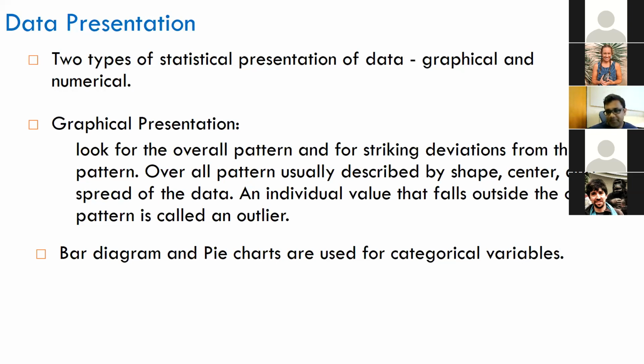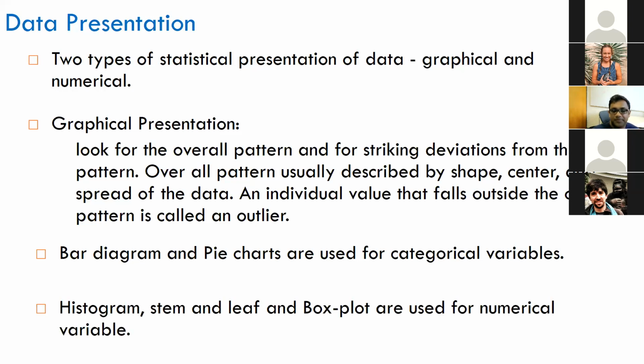So you use different methods to visualize your data. Remember, I told you that you have two types of data: categorical data and quantitative data. And I asked you to remember what type of data you have. For example, if you have categorical data, you need to use a bar chart, bar diagram or pie chart to present your data.